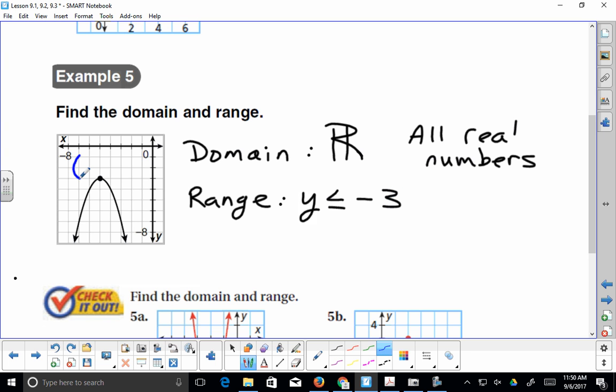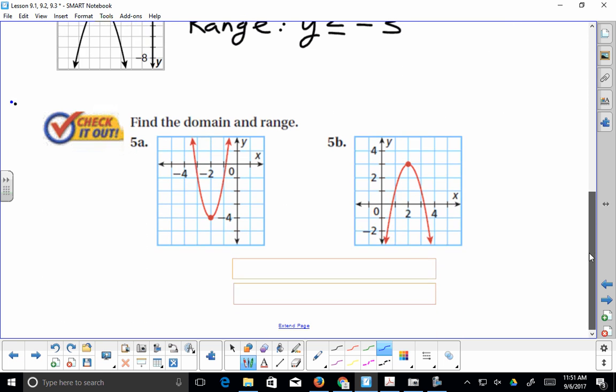This vertex here of (5, -3): the 5 is the axis of symmetry, and the -3 tells us the min or max value, but it also tells us the y value for the range. So the domain is all real numbers, because it always is. The range is y less than or equal to -3. Make sure you put the less than or equal to or greater than or equal to. So find the domain and range for these two.